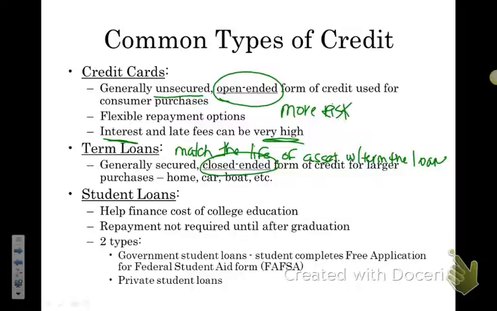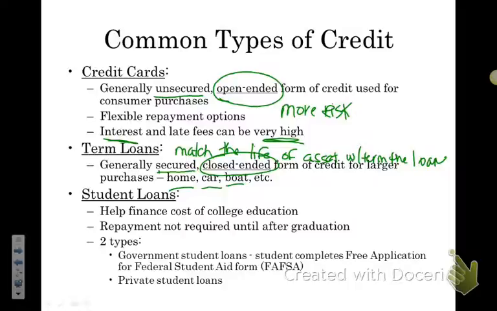There's more risk here because with a term loan, if it's secured, if you don't pay your term loan, the bank or the finance company, the credit company, can go and get that item, that home, that car, that boat, and they can repossess that item.